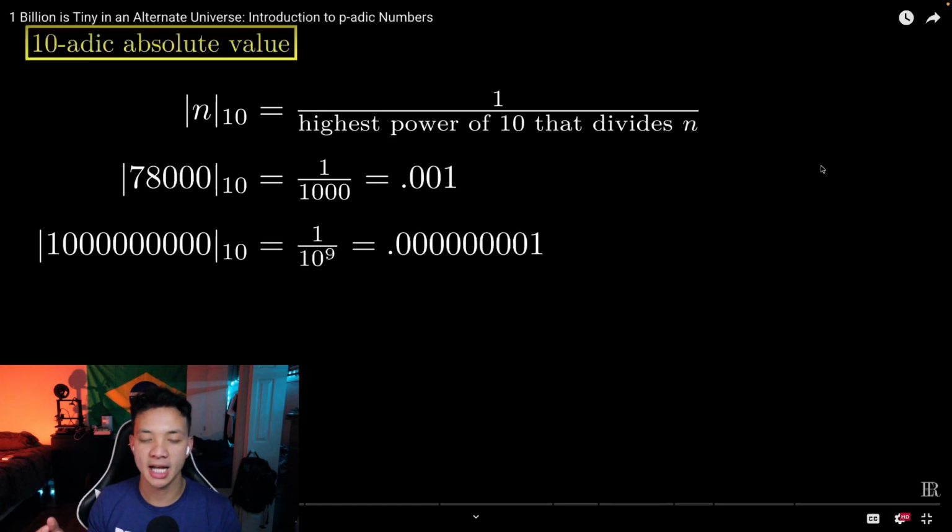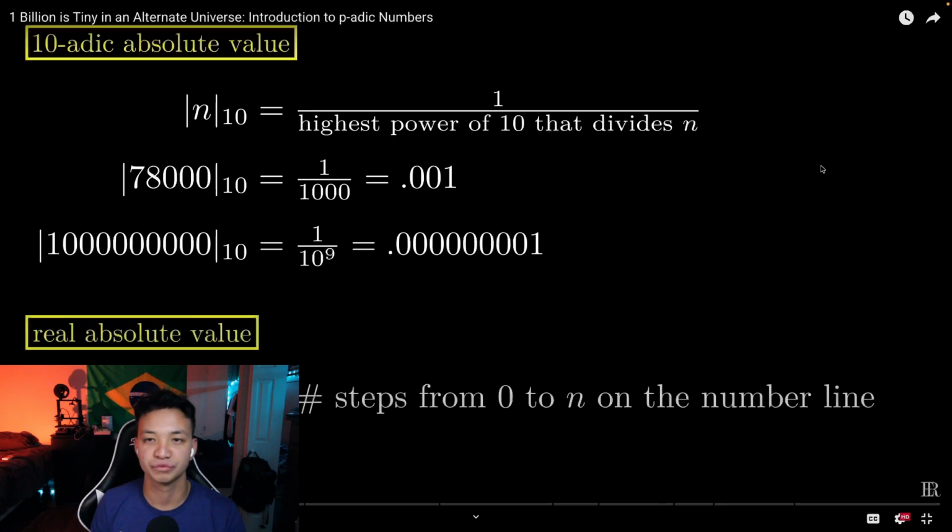So to find how close a number is in a 10-adic number system, you put 1 over the highest power of 10 that divides n, and thus it shows how a smaller number like 78,000 is bigger than, what is this number, 1 billion. Right, 10 to the 9th is 1 billion. Sorry, I was looking at the zeros instead of the 9.